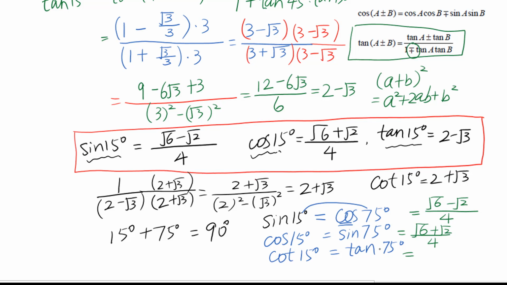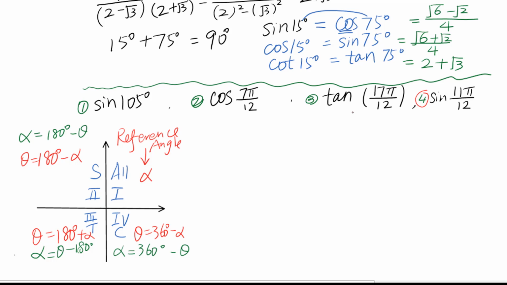For tangent 75 degree equals cotangent 15 degree, that is 2 plus square root of 3. Let me show you how to evaluate these 4 trig functions. For first one, that is a sine 105 degree.